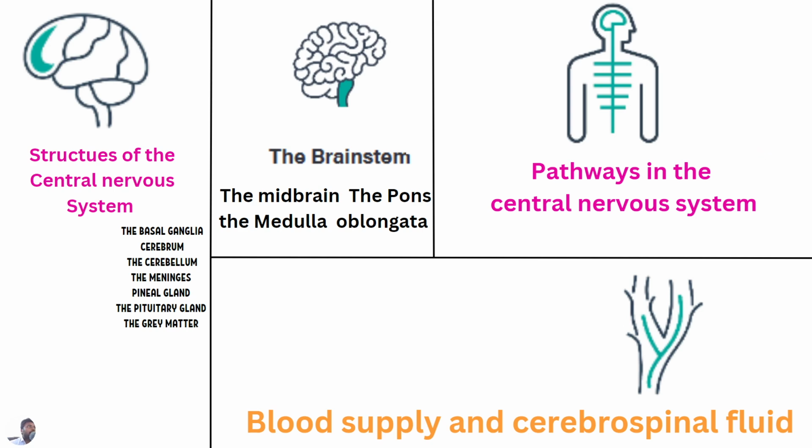Structures of the central nervous system include basal ganglia, cerebrum, cerebellum, the meninges, pineal gland, pituitary gland, and gray matter. The brain stem includes the midbrain and the medulla oblongata and pons. The pathways of the central nervous system include ascending paths and descending paths. Blood supply and cerebrospinal fluid also.